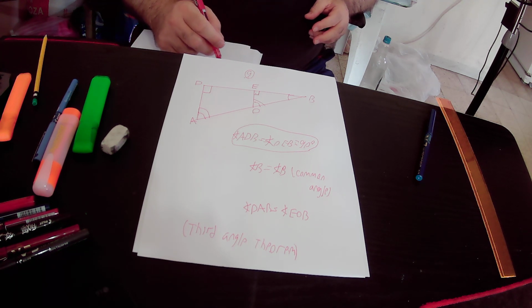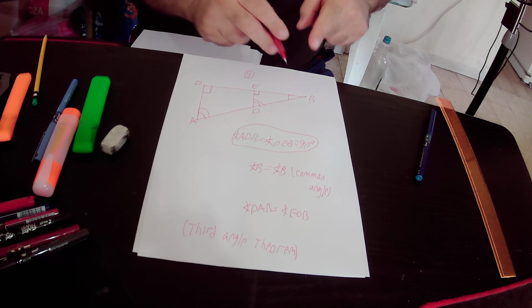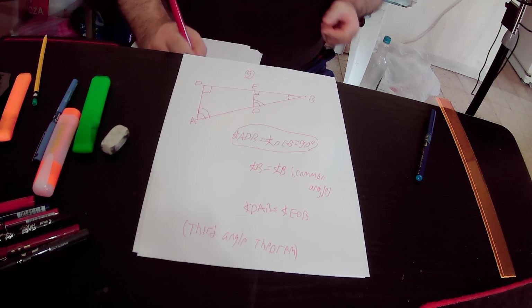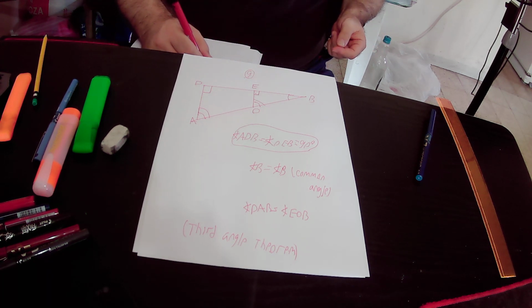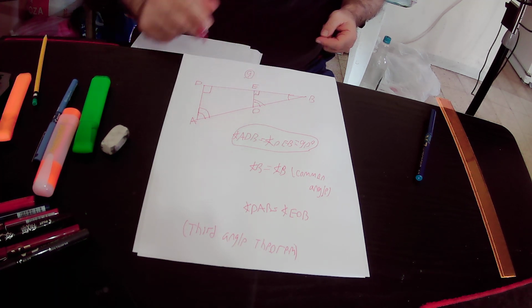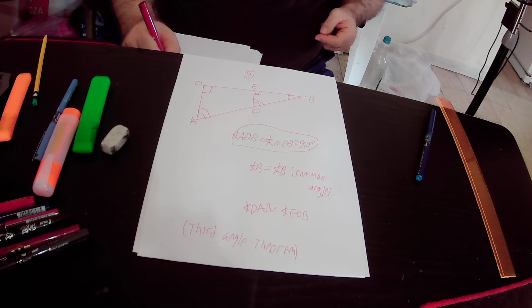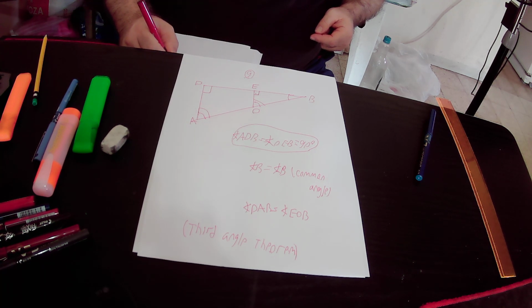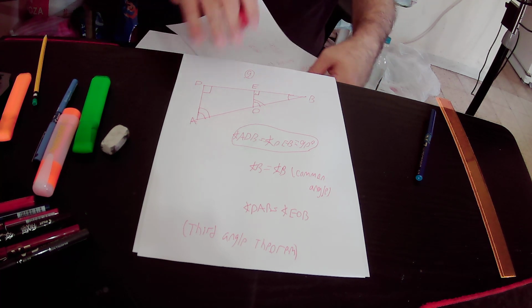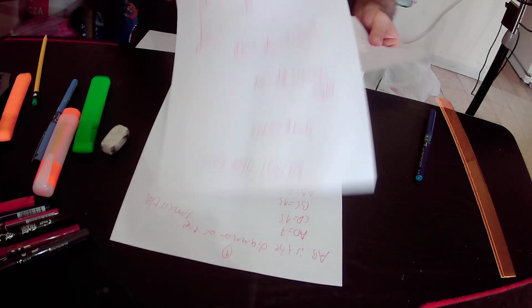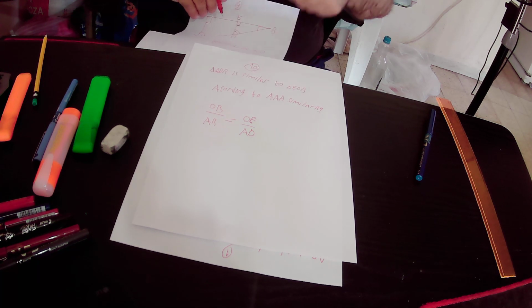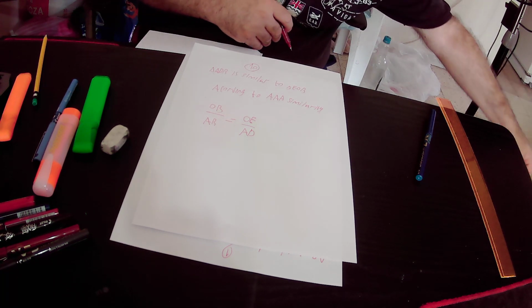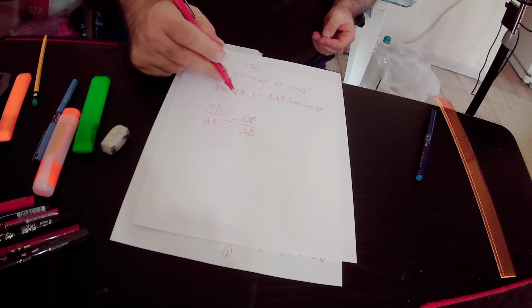The relationship is that OB, the side of the small triangle, over AB, the side of the big triangle, is equal to OE, the side of the small triangle, over AD, the side of the big triangle. Again, OB over AB equals OE over AD.